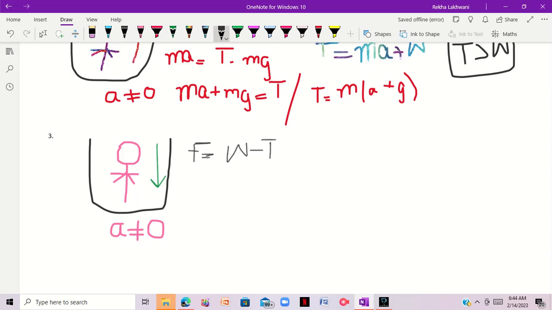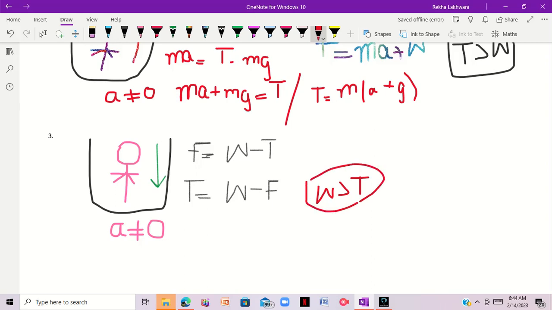So over here this tension will go there, and tension will be equal to weight minus force. In this apparent weight, the real weight gets subtracted from the force applied. So it means here that the real weight is greater than the apparent weight, right?